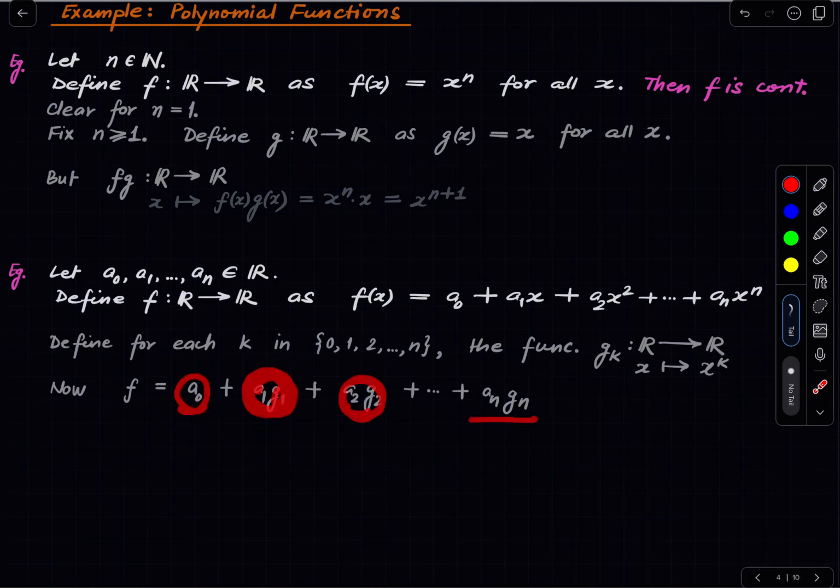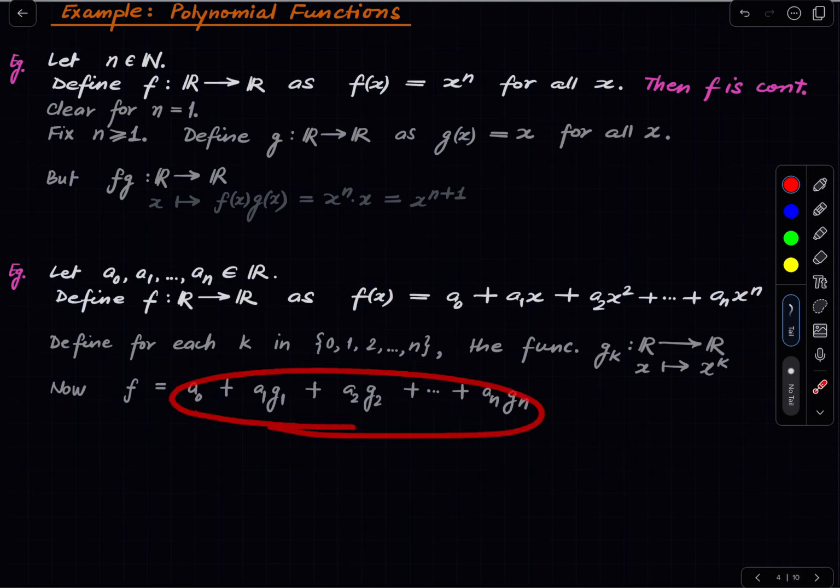So the constant function, and then this function, and then this function, all of these are continuous functions, and we have just added them, and we have seen that sums of continuous functions are continuous. So therefore, f is a continuous function. So all we are doing is writing f as sums of continuous functions. This is an n-fold sum, but once you have proven that the sum of two continuous functions is continuous, the same thing also holds for the sum of any number of continuous functions, as long as the sum is finite.